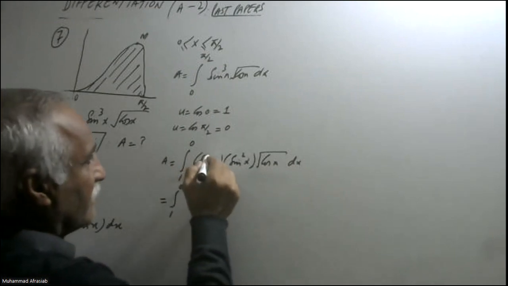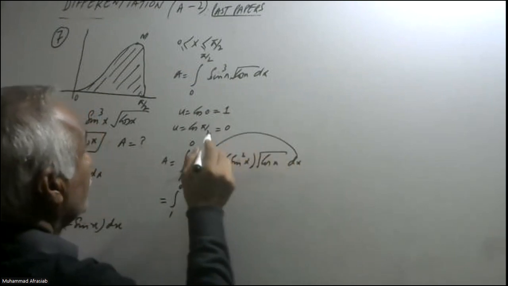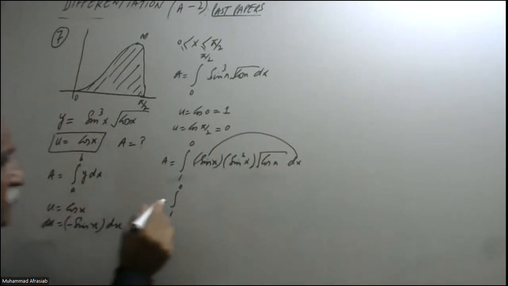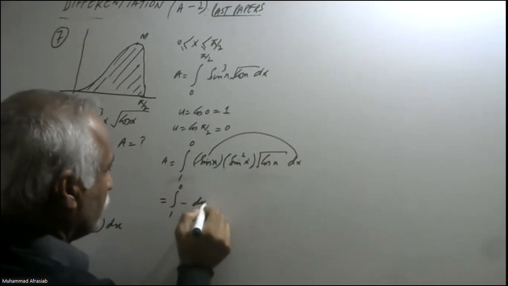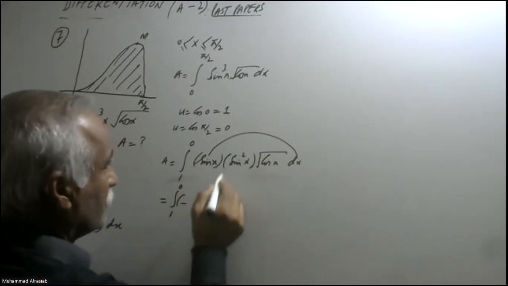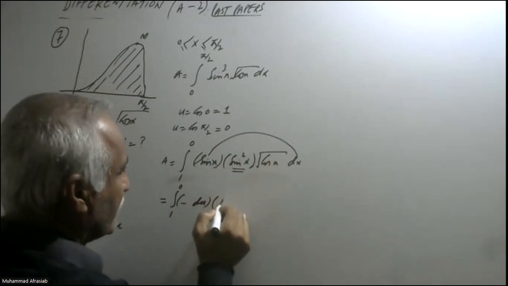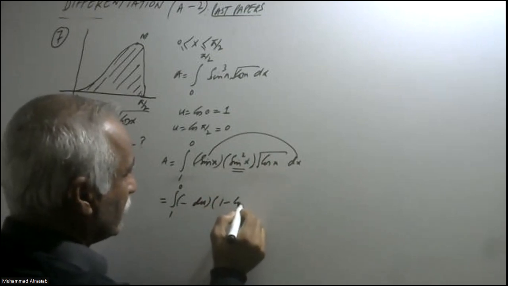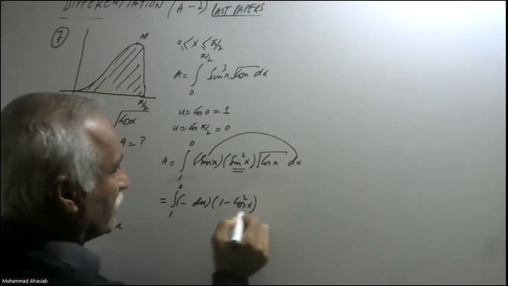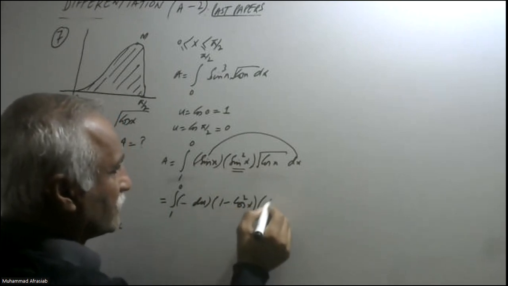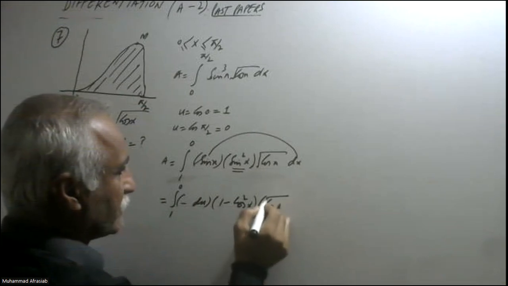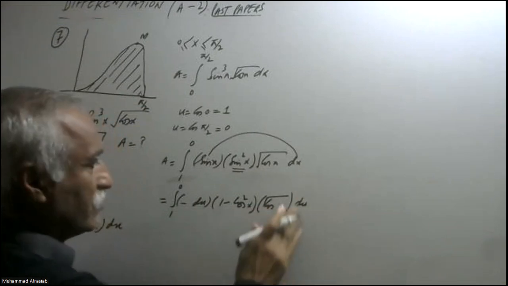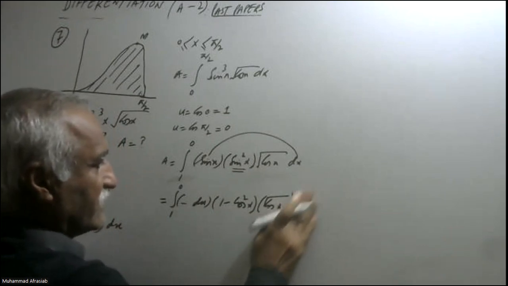Sine of x into d of x is basically equal to minus du, into sine square of x, which is written as 1 minus cos square of x, into square root of cos of x, into du we have already written there.